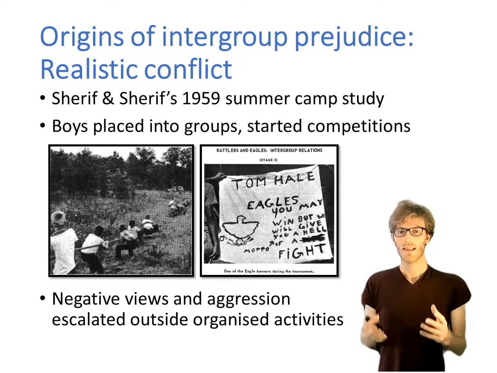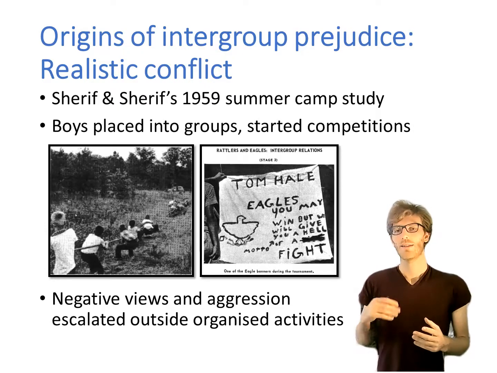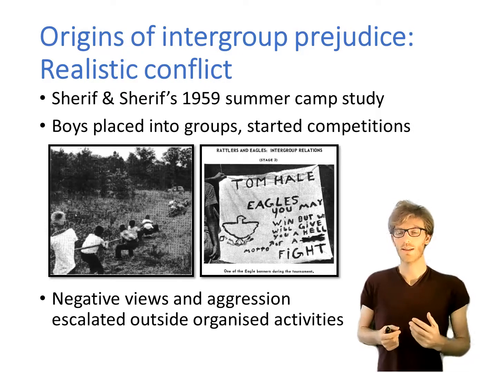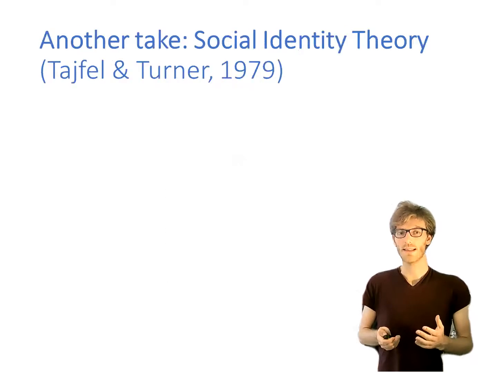Another big theoretical approach that very much ties into the first cognitive source I talked about, categorization, is social identity theory.